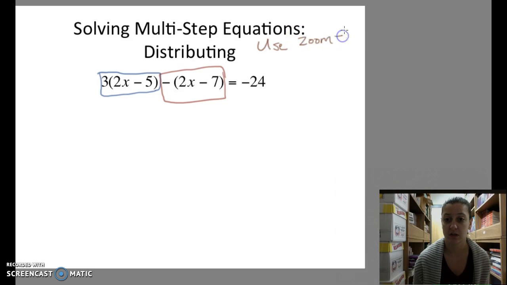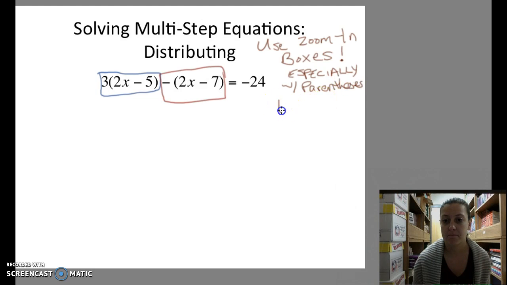Use zoom in boxes, especially when there's parentheses in the middle. Super important because it brings that sign in.